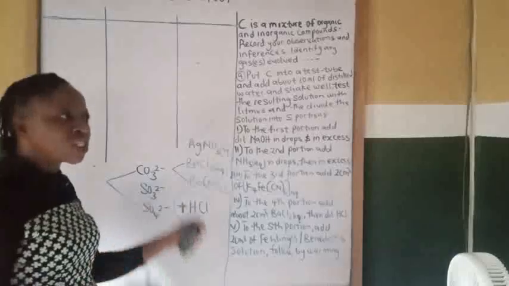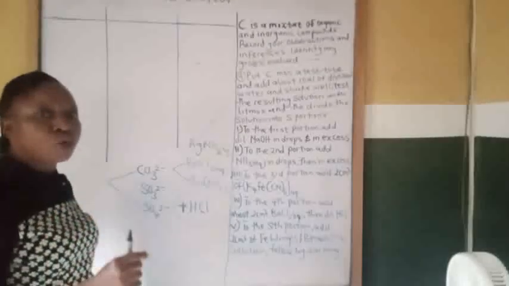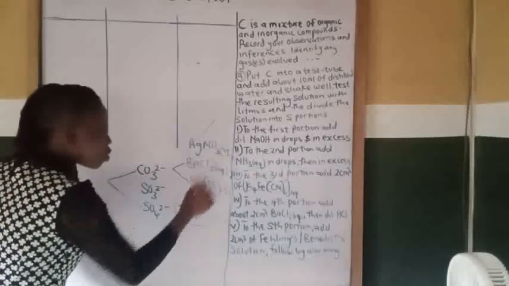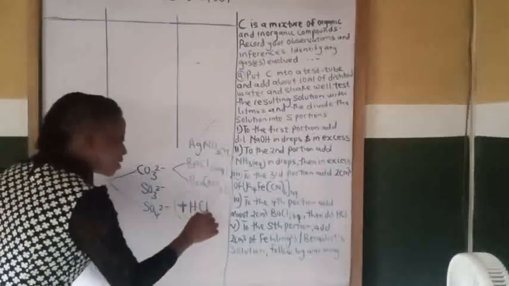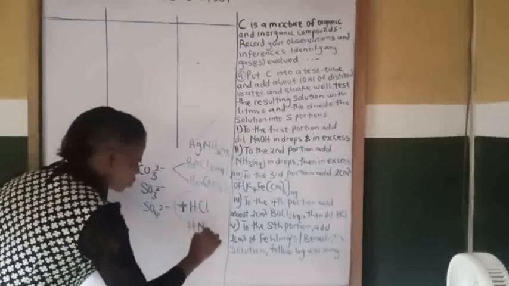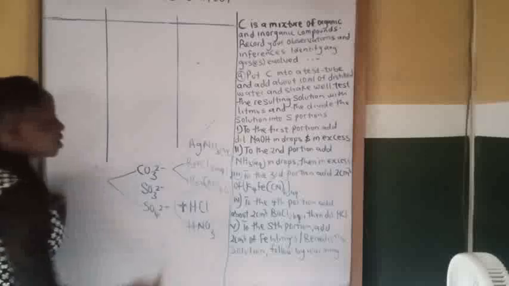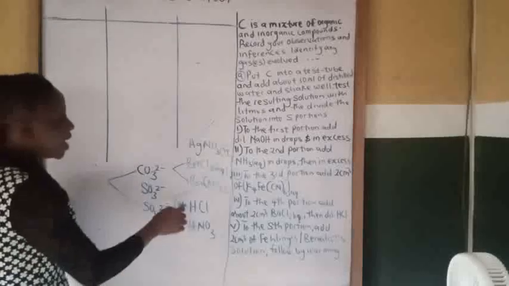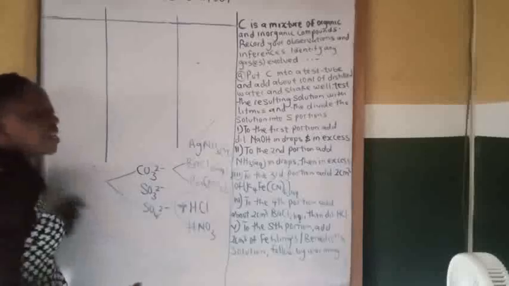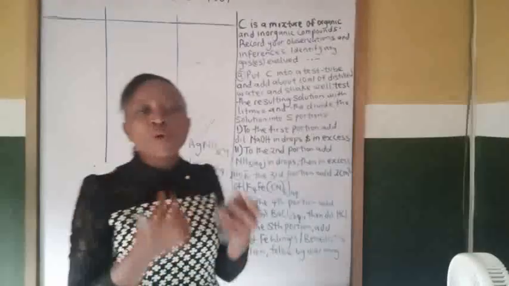But how can we single out the particular anion present? After addition of barium chloride, you add HCl or HNO3. If it is CO3, on addition of HCl, there will be effervescence.